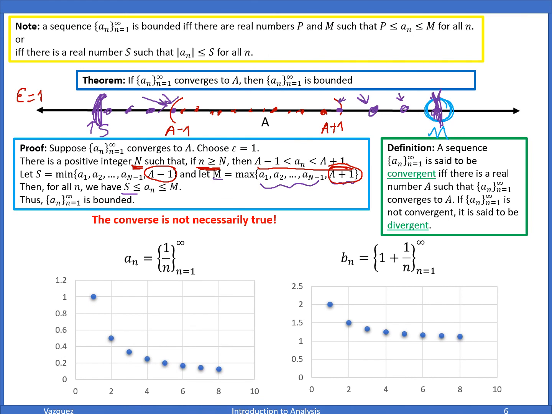And these pictures, just to peek to the next section, notice how we have this sequence, a sub n, that we know converges to 0, right? But what if we add a 1 to every single term of that sequence? It just kind of shifts all the points 1 unit up, right? Now this sequence will converge to 1. And you can prove that. It shouldn't be hard.